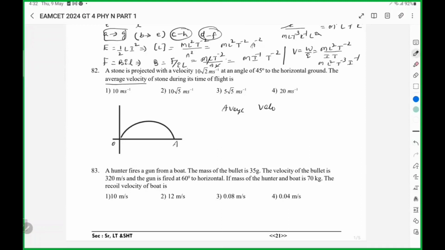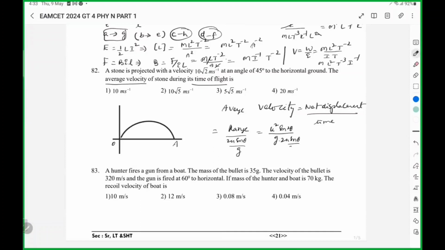Net displacement is nothing but the range, and time is the time of flight, 2u sin theta by g. Range is u squared sin 2 theta by g.